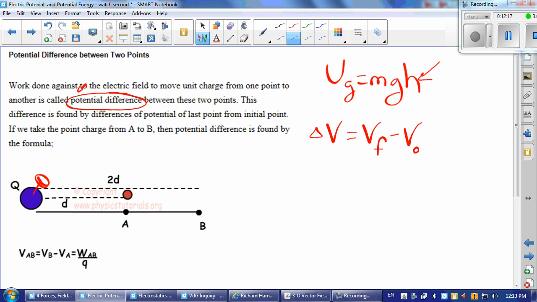So we're moving this charge to point B. Then the potential difference is simply by taking final, which is the voltage at point B, minus initial. That's it. And you notice here it says W. Remember, work is electric potential energy. They're both measured in joules, therefore they must be the same thing.